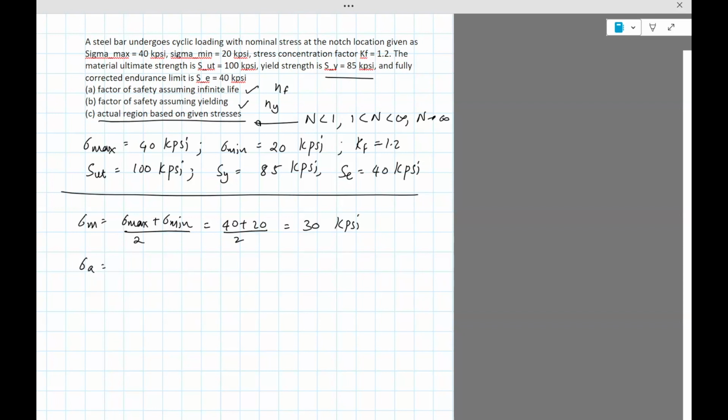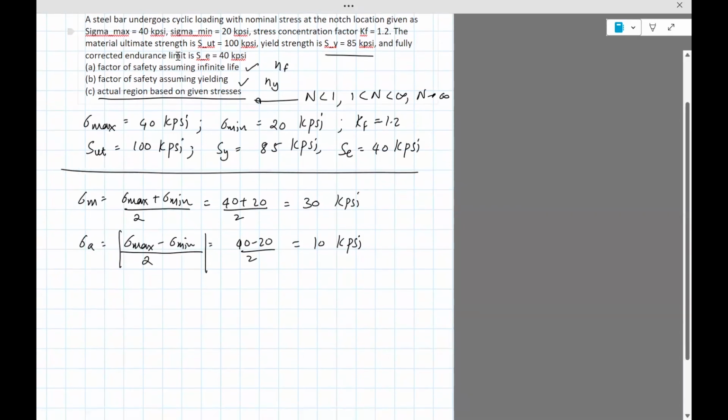And the average stress is always sigma max minus sigma min divided by 2. It is actually magnitude. So it'll be 40 minus 20 divided by 2. That would be 10 kpsi.